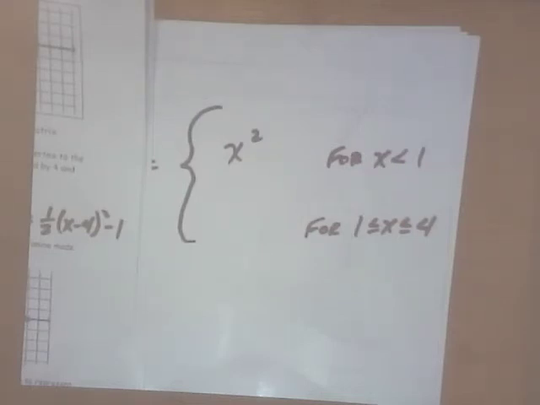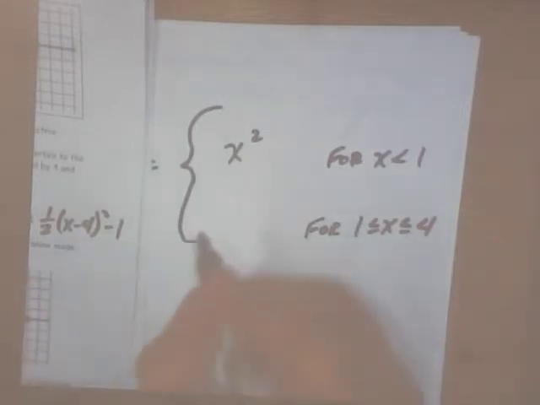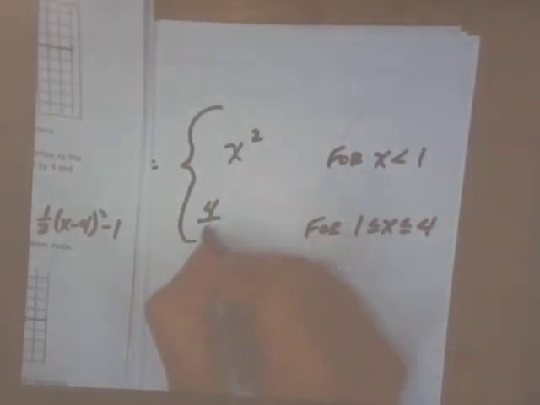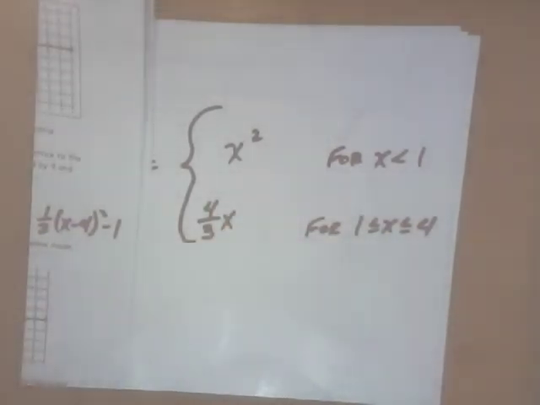Okay. And the second graph, it's linear, right? What's the slope? Rise over run. 4/3? So 4/3 x, and then what would the y-intercept be?